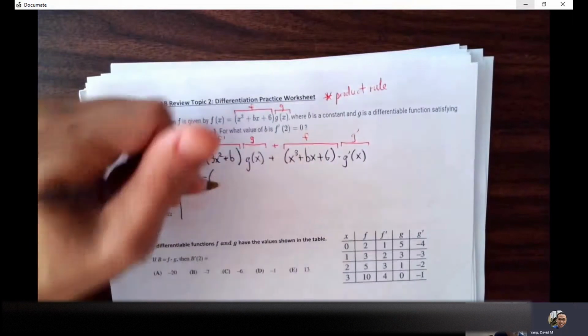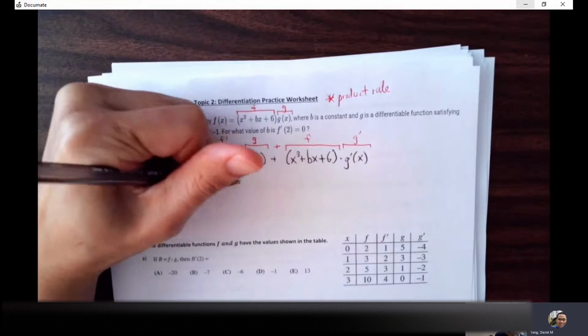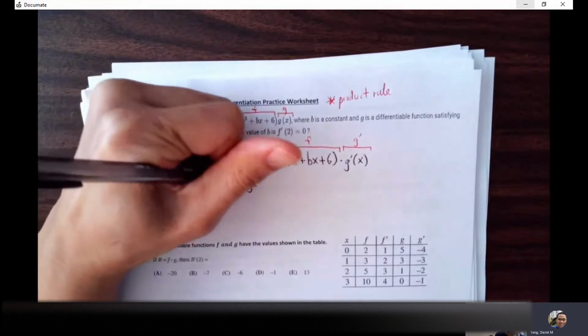So 3 times 2 squared plus b times g of 2.